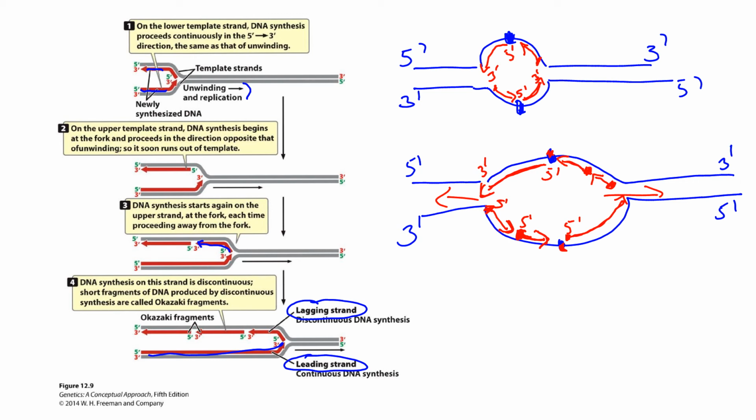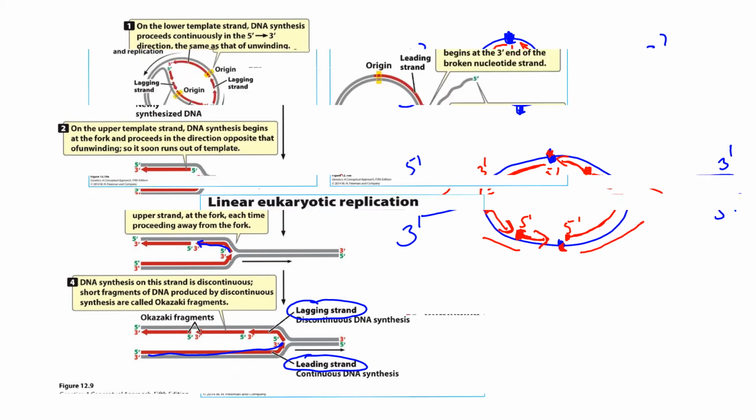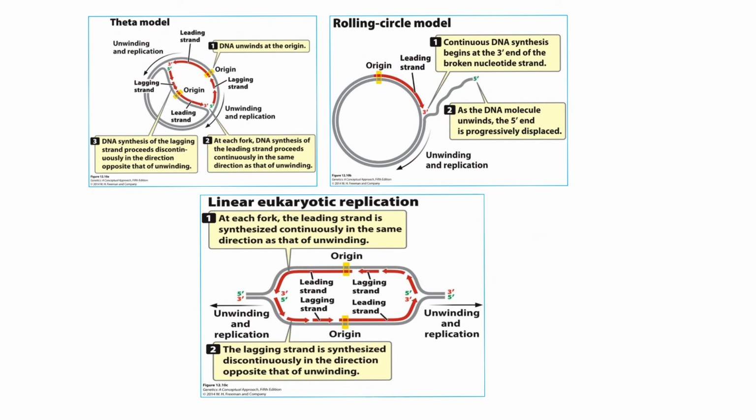So let's now summarize what we have discussed up to now. Let's compare the three models of replication: theta, rolling circle, and linear. Just by looking at the three pictures, I am sure that you immediately notice the difference between rolling circle and the other two models.